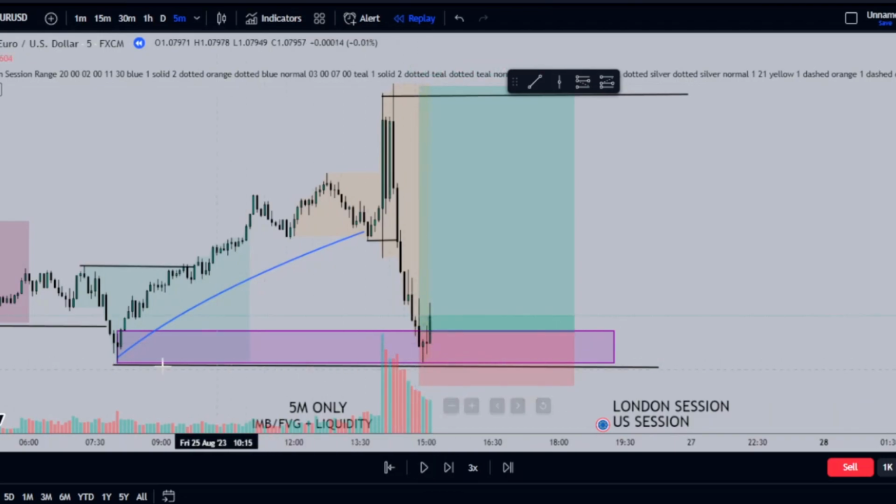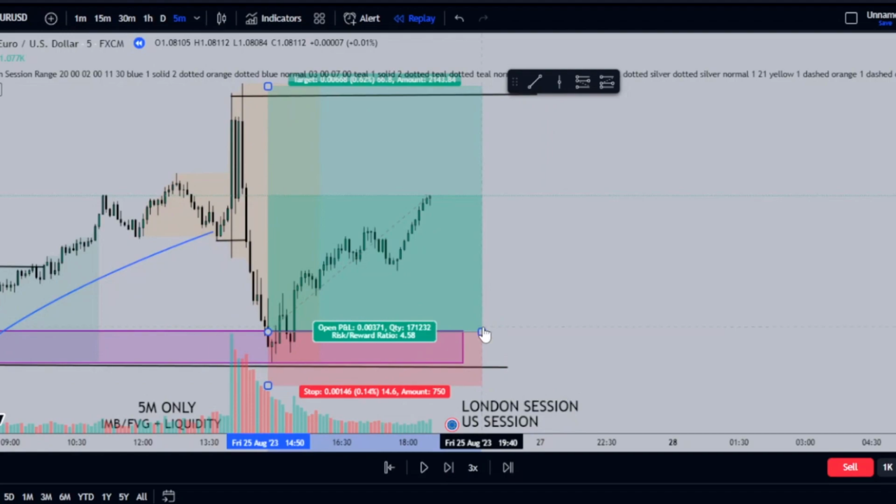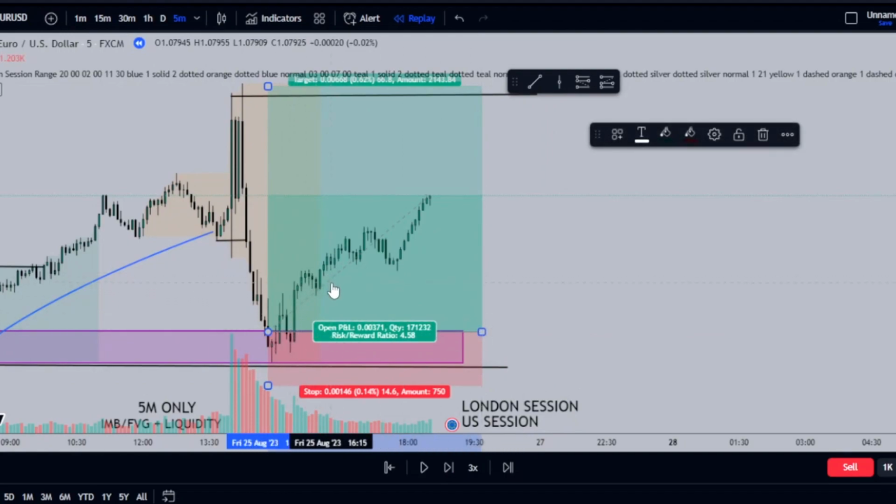Price taps into our zone that we had earmarked here, so we see what price does. Most traders, you can trail your stop loss here just in case the trade reverses on you, because as I say, there's no strategy that is 100%. Price can turn back here and take you out.